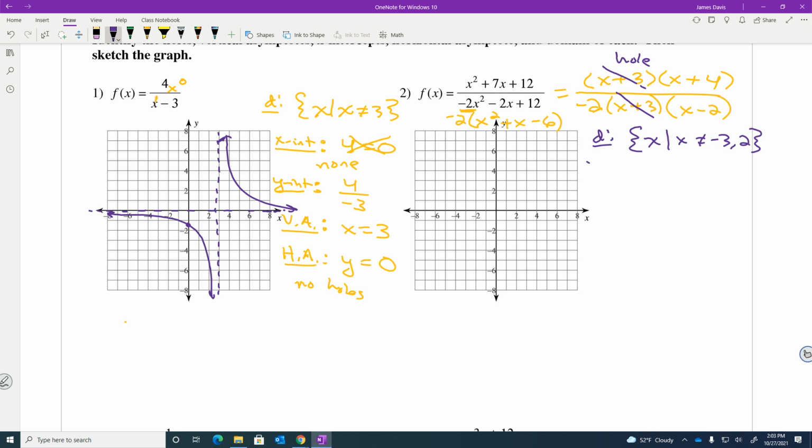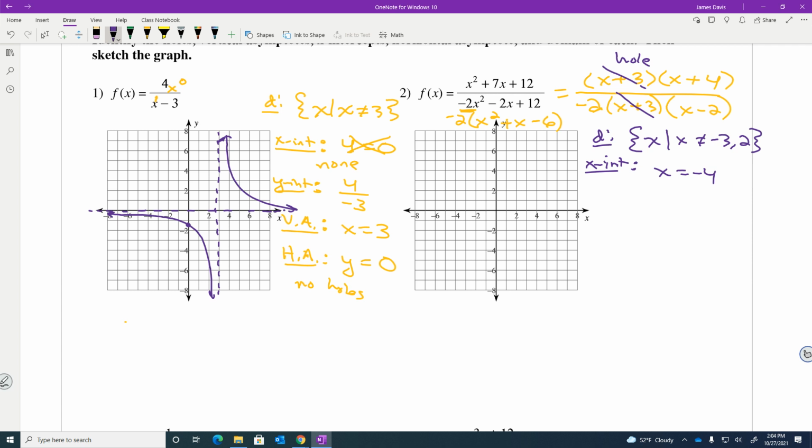So then we'll look at the x-intercepts. Now this is where you want to know where the top is 0. So the question is, we know -4 is an answer, right? What about -3? Is that also an x-intercept? No, it's not because there's a hole there.